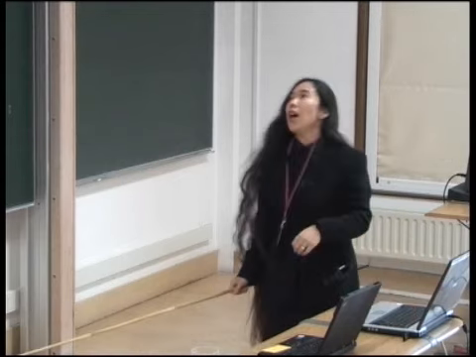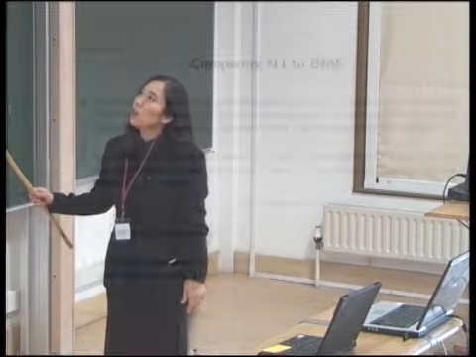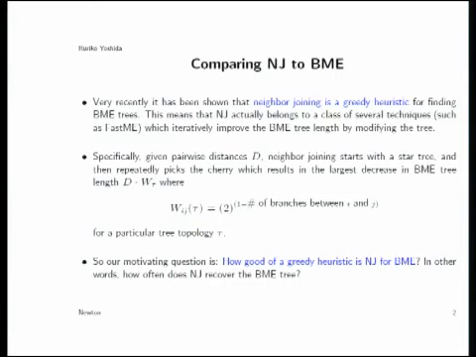We know that Mike Steele and Oliver Gascuel showed that the neighbor-joining method is a greedy algorithm for finding balanced minimal evolution trees. This means that neighbor-joining belongs to a class of techniques which iteratively improve the balanced minimal evolution tree length by modifying the tree.